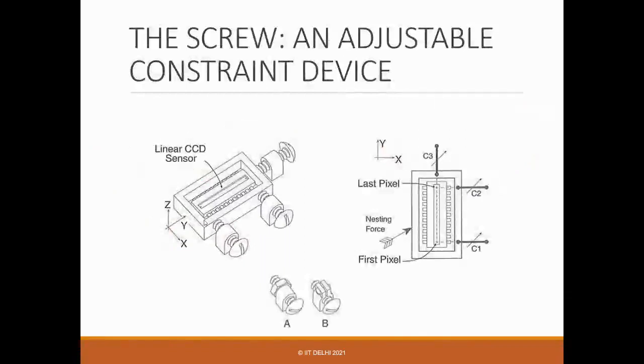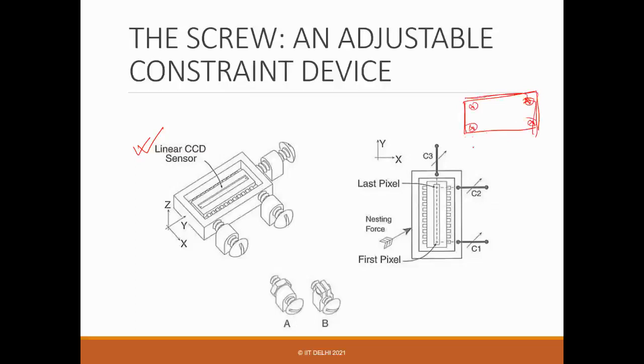So one of the examples is here. What you can also do is make this C1, C2, C3 adjustable. Suppose you have a camera, and you have this CCD sensor to place accurately. Usually, if you don't know about this, you try to get a slot and try to put it here, and somehow with the 4 screws you try to put it there, but you can't.